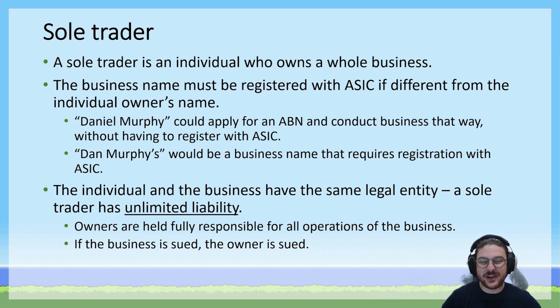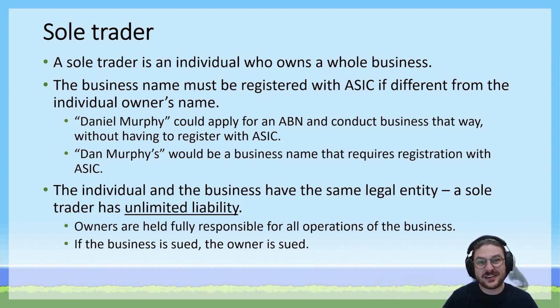Now, being a sole trader business carries with it some quirks that are unique to the sole trader business model. One of those is that in Australia, businesses need to register their business name. There is an exception, however, for sole trader businesses.